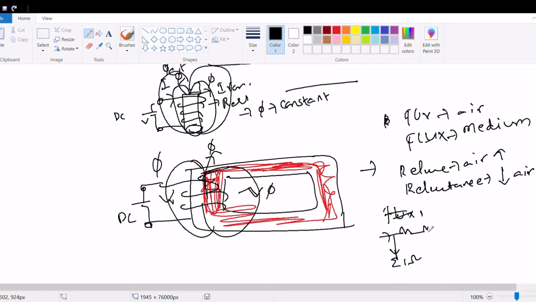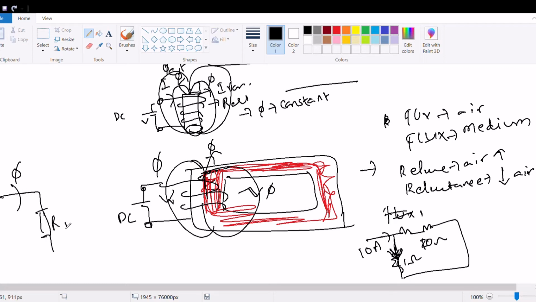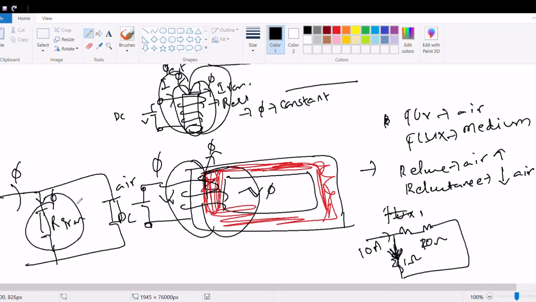If you have 1 ohm and 10 ohm paths, more current flows through the 1 ohm path. In the same way, more flux flows through the iron because the reluctance of iron is less than the reluctance of air.